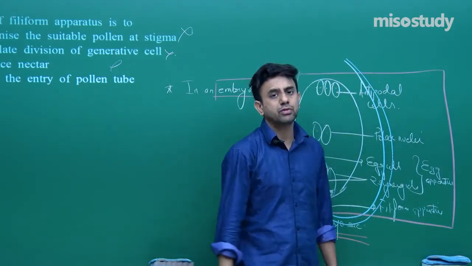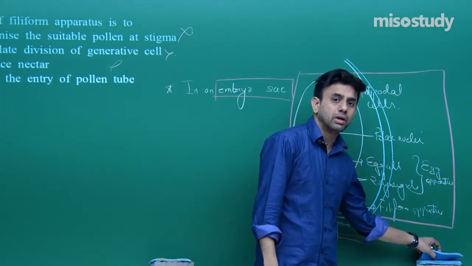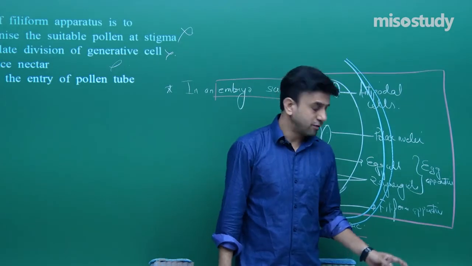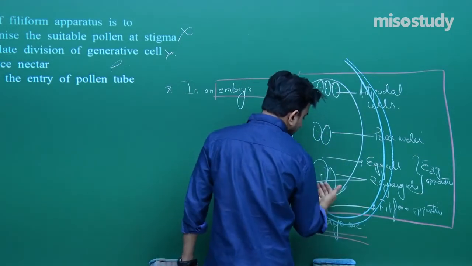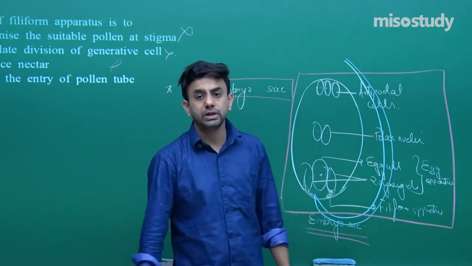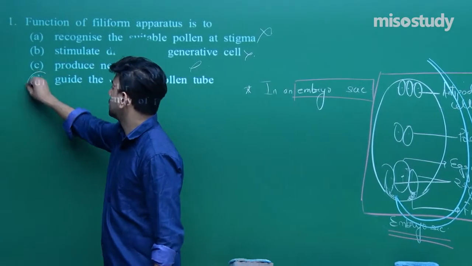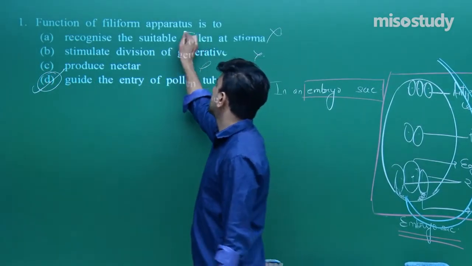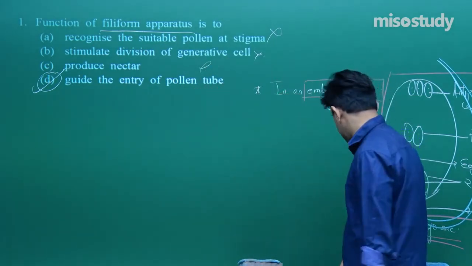When the pollen tube is coming here, the filiform apparatus will guide its entry into the embryo sac. So this is the correct answer: the function of the filiform apparatus is to guide the entry of the pollen tube.